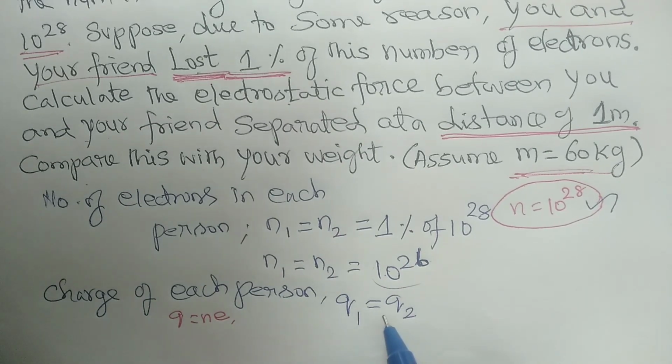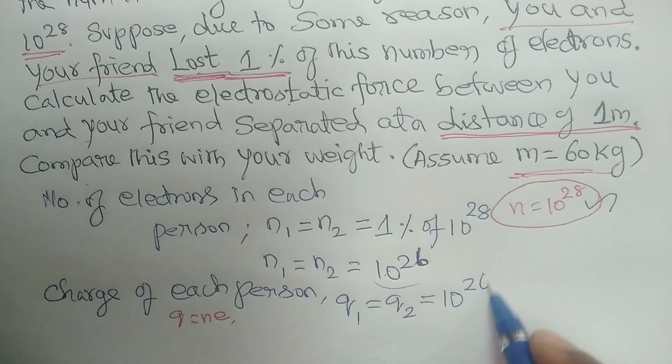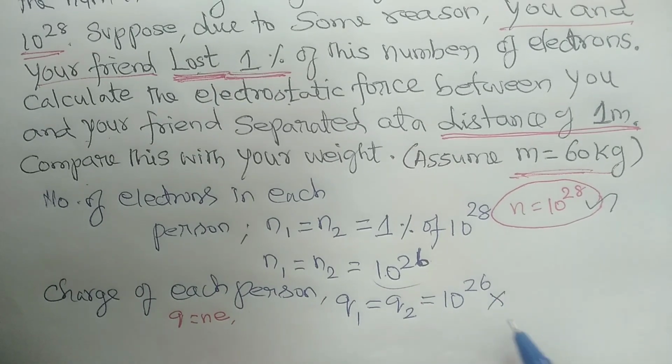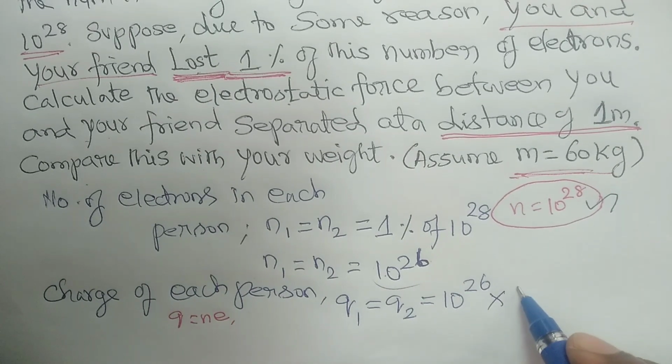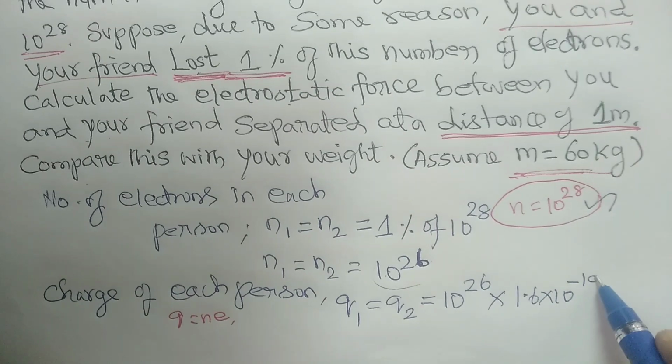So Q1 is equal to Q2, which is equal to 10 power 26 into the value of e, 1.6 into 10 power minus 19.